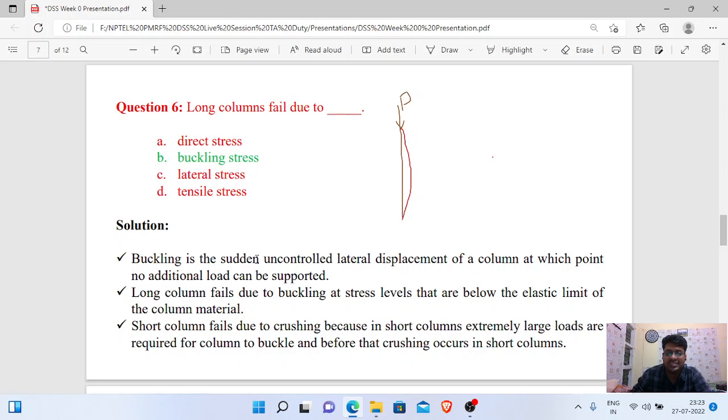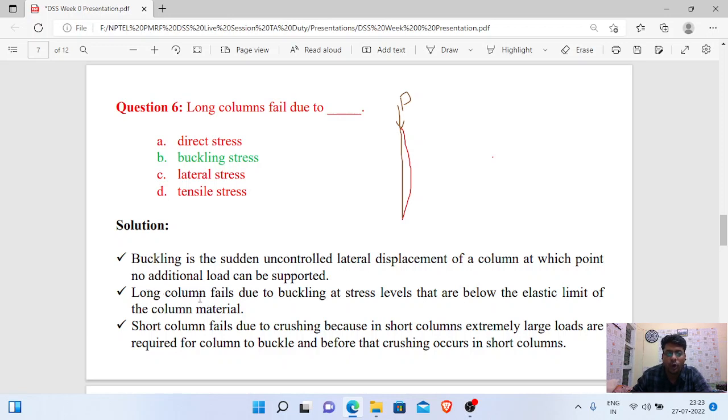So buckling is a sudden uncontrolled lateral displacement and it cannot be controlled. That's why it is written here: sudden uncontrolled lateral displacement of a column at which point no additional load can be supported. When buckling starts, the column is not able to take any load.